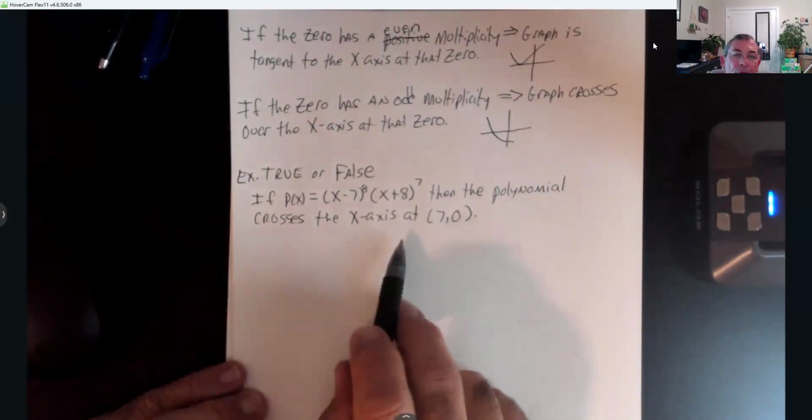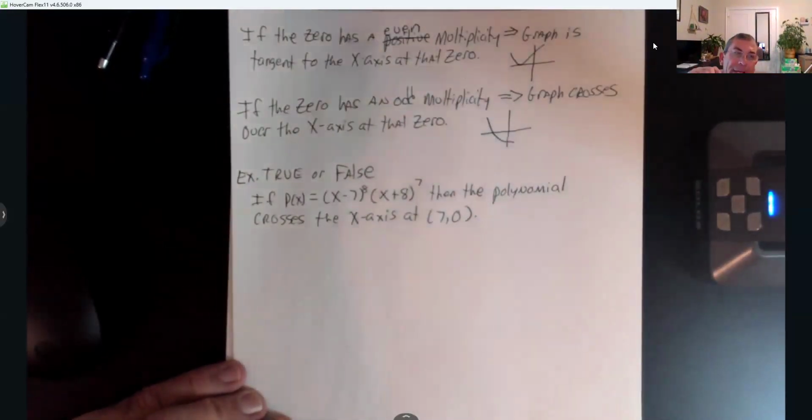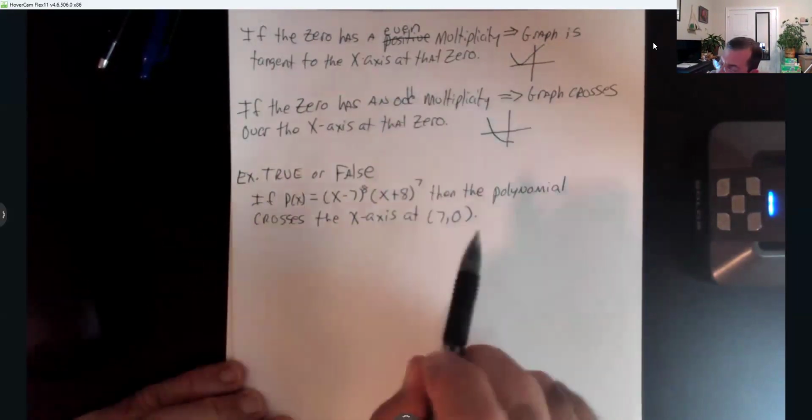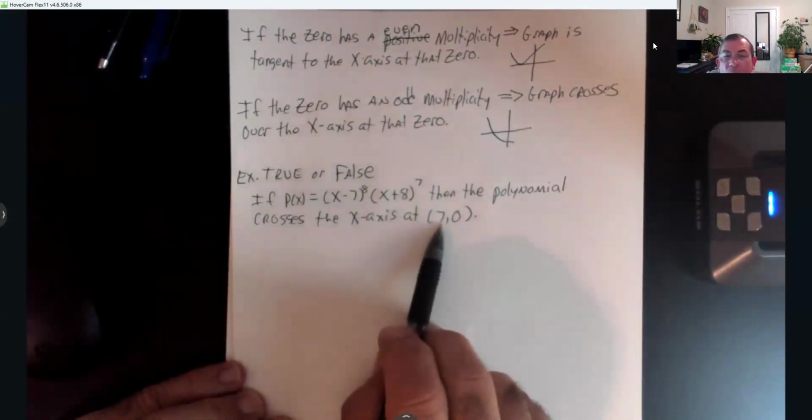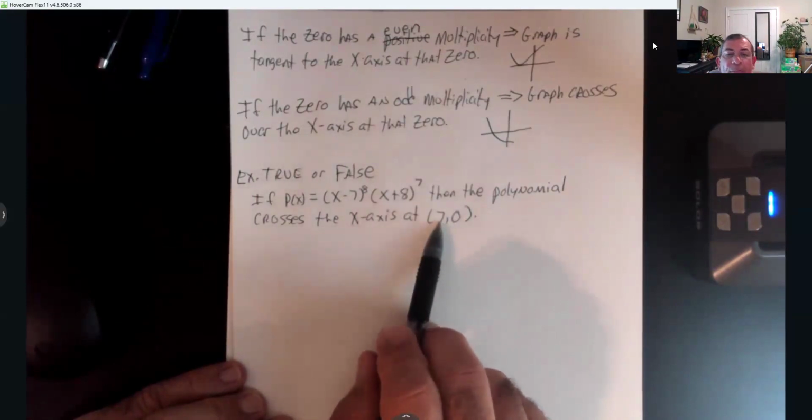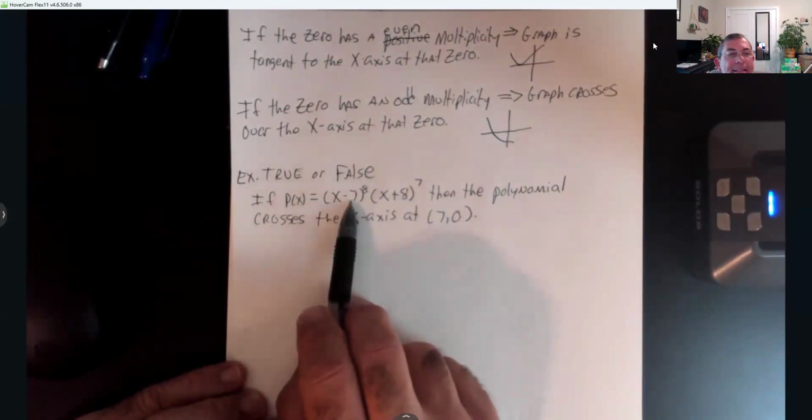So I'll show y'all how to do this one, and then I'll let y'all answer the next one. How about that? So we're looking at the zero of 7, basically. Well, if one of these two factors will give me a zero of 7, and that's this X minus 7 factor.